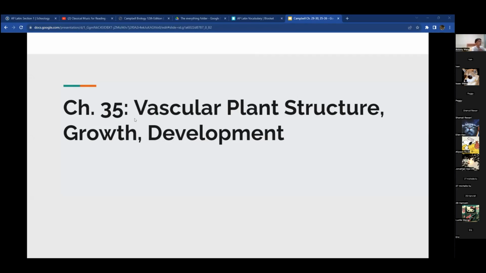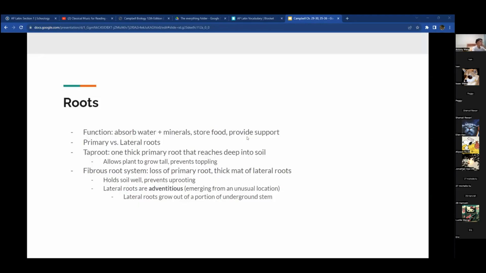Chapter 35, vascular plant structure, growth, and development. The first plant organ that we're going to talk about is the roots. As you may know, the roots function to absorb water and minerals. They can store food, and they almost always provide support. There are two different kinds of roots, kind of.